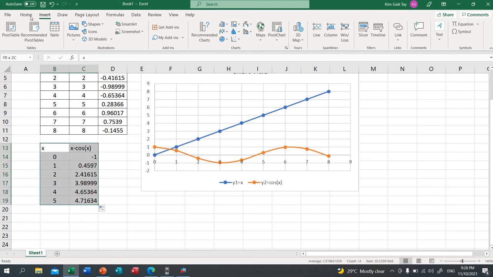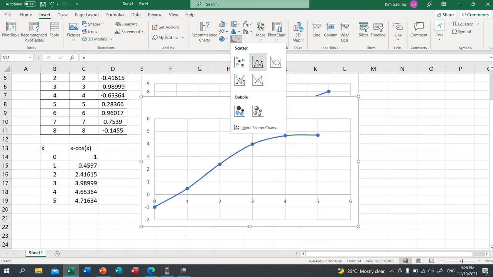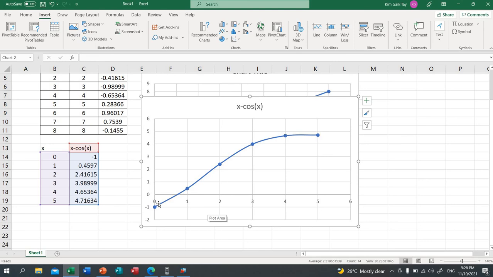Now if you want to plot this graph, f(0) is -1, f(1) is positive. So from negative going to positive, sure it passes through y equal to 0. So this is the root.